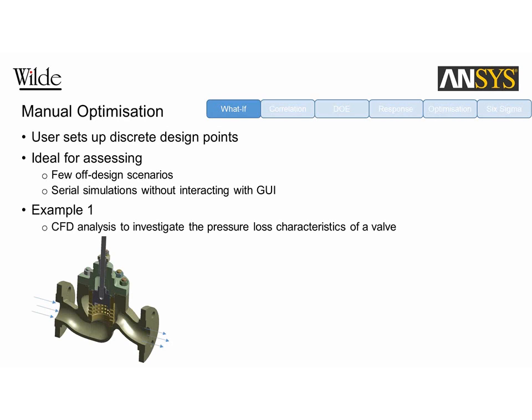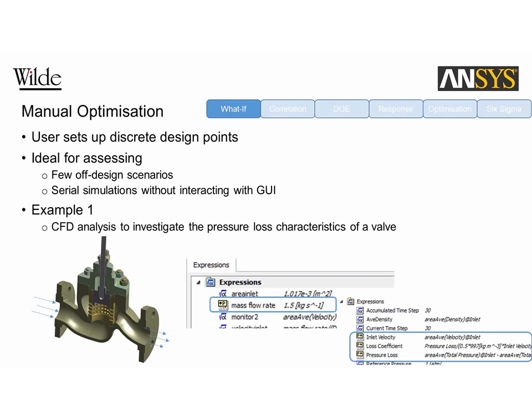An example of this is a simple valve analysis in CFD. We're going to investigate the pressure loss characteristics of a valve as a function of mass flow rate. So in CFX, we set up mass flow rate to be an input parameter, and we set up other expressions to be our output parameters that we're going to monitor.